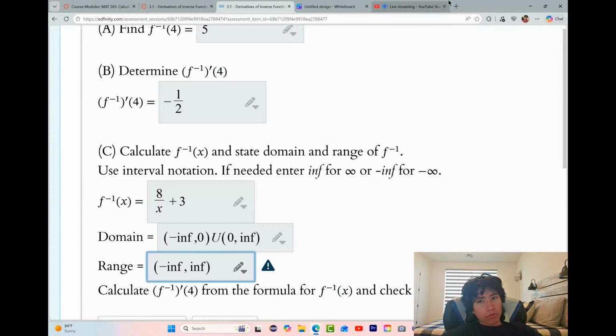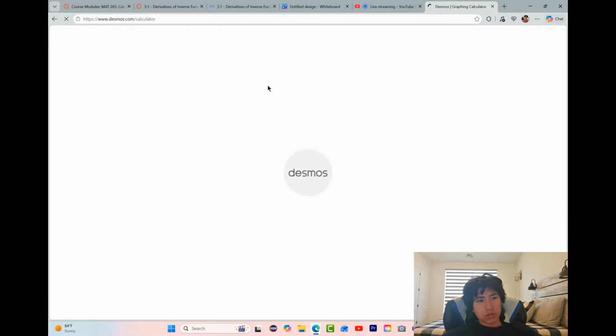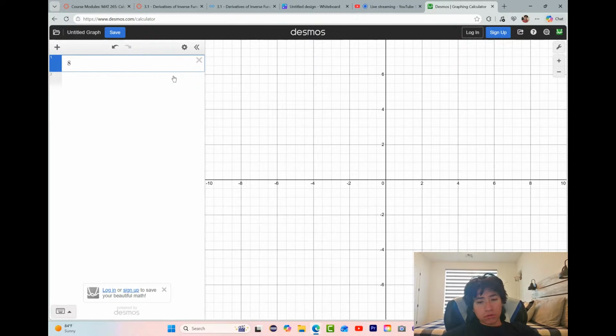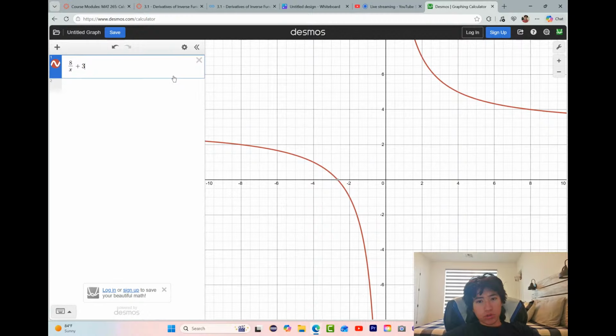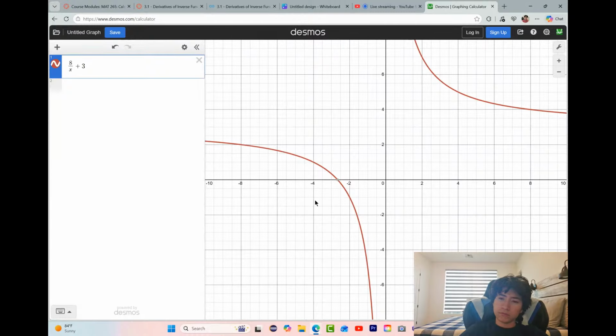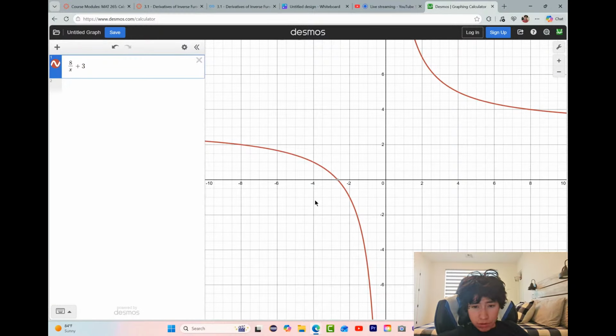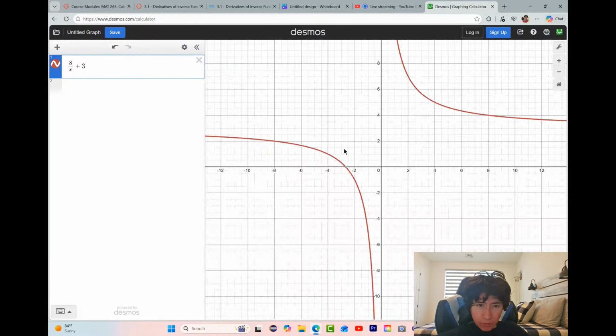Here, I'm just gonna graph this function in Desmos. 8 over x plus 3. Oh, interesting, bro. So the range, hold on, the y values. Yeah, it works for everything, right? Oh, except what?